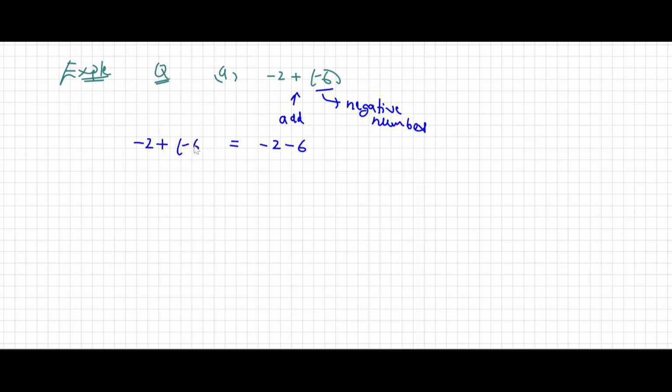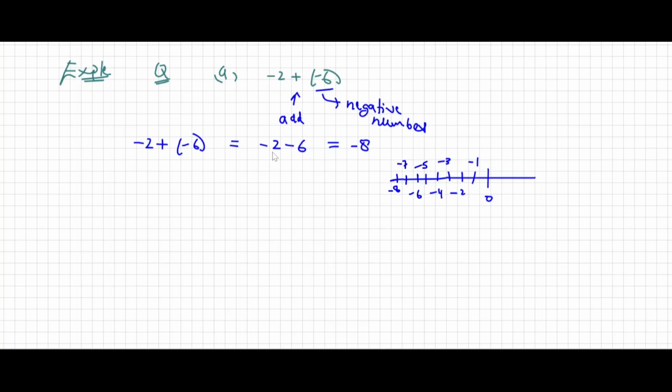The rule should be in your mind: adding a negative number is like subtracting a positive number. On a number line, here is 0, here -1, -2, -3, -4, -5, -6, -7, -8.